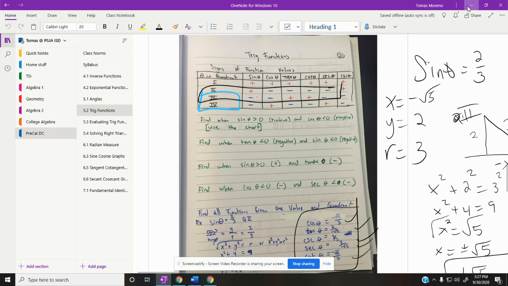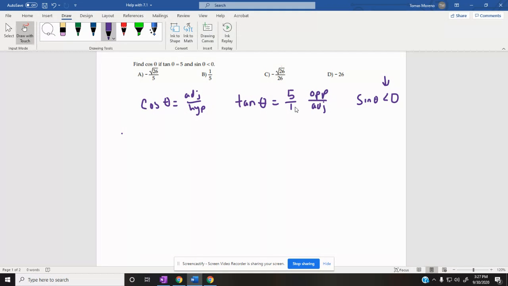Since tangent is positive and sine beta is less than 0, which means a negative number, we're in quadrant 3. And that's going to be important when we're dealing with our graph, right?